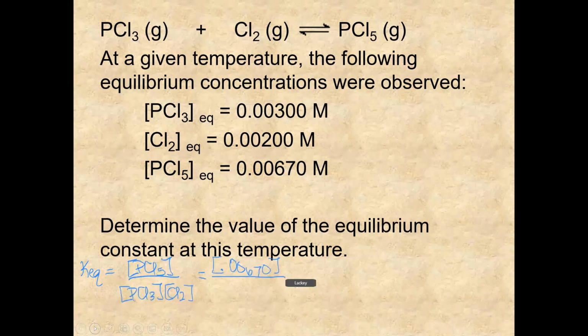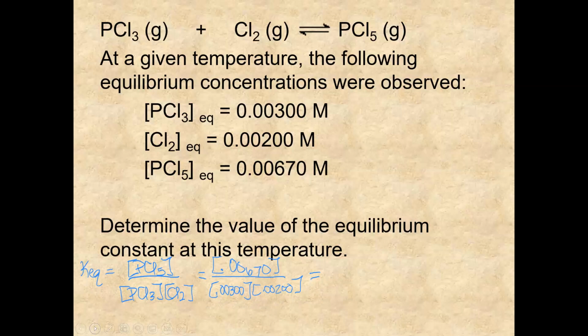On the bottom, PCl3 is 0.00300. Cl2 is 0.00200. There are no exponents because there were no coefficients. So this gives us a K value.